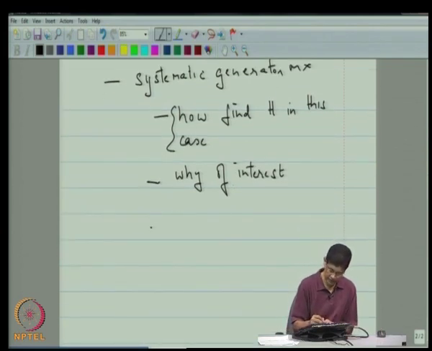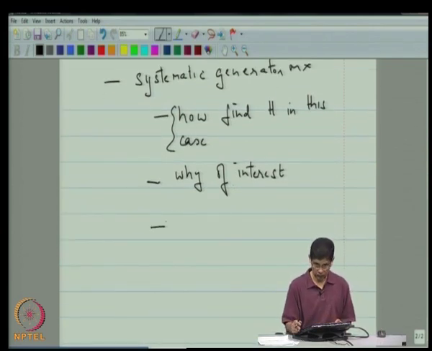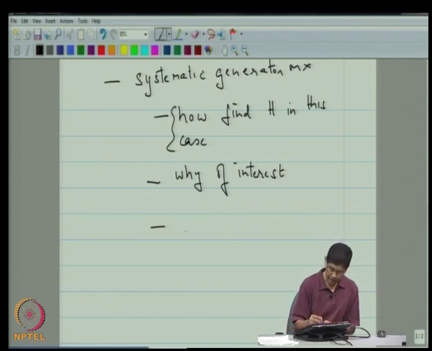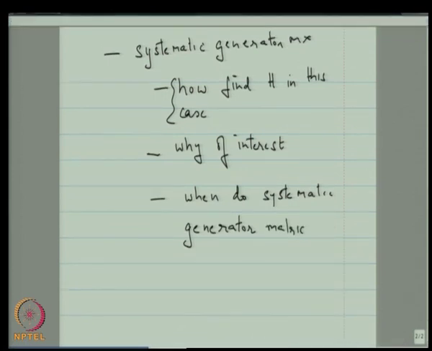And then finally, towards the end of the lecture, we started talking about when do such matrices exist. So, when do systematic generator matrices exist?